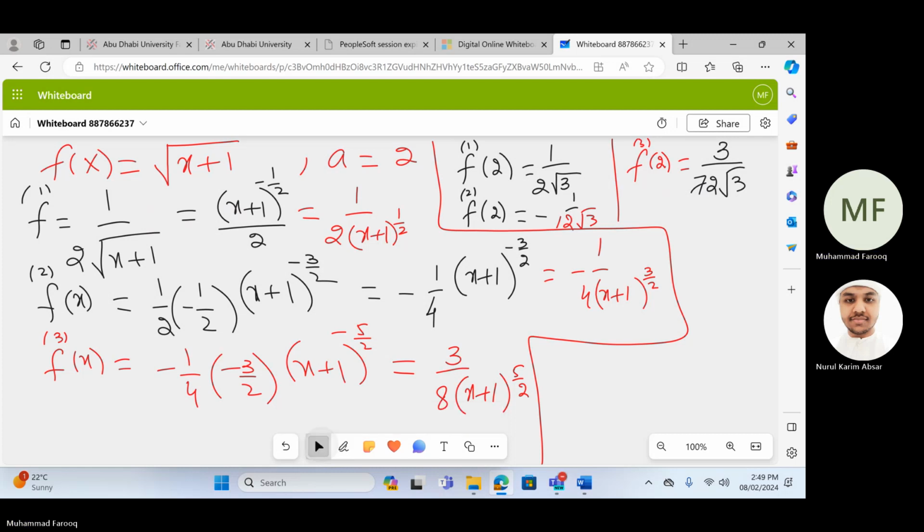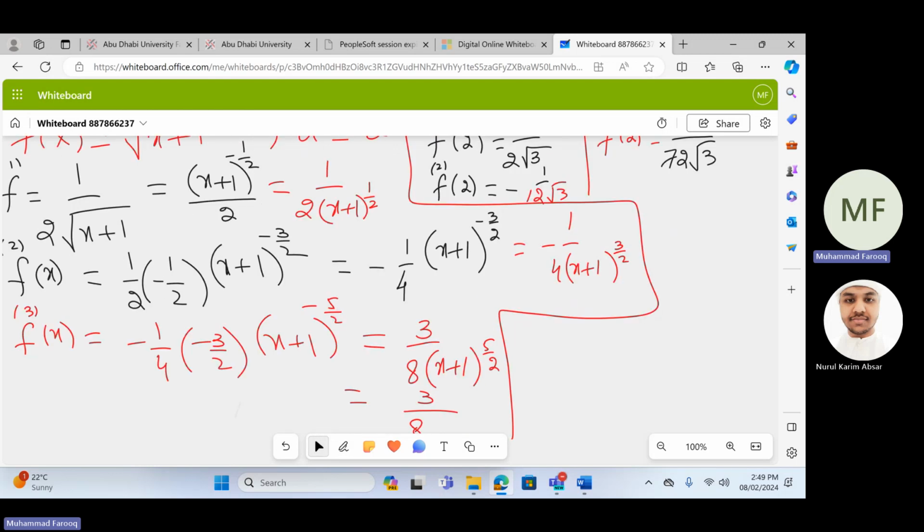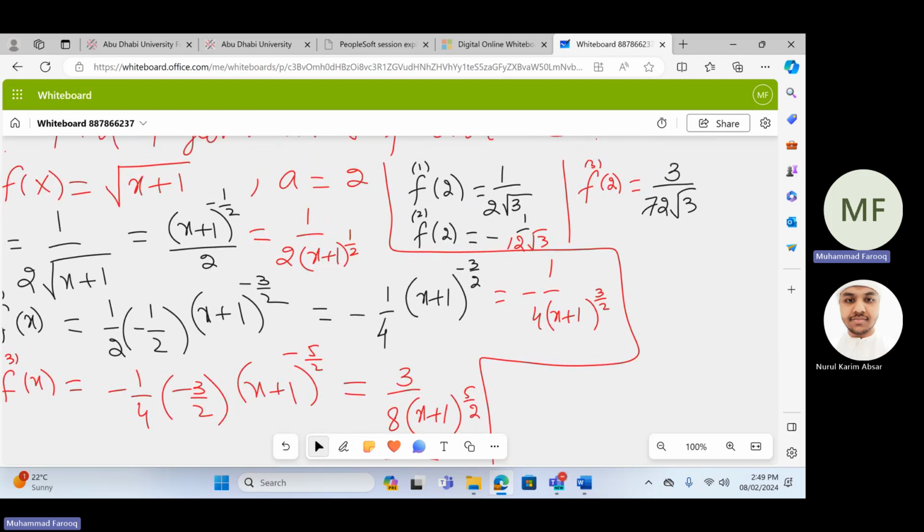Don't worry. Look here, 3 divided by 8. Now 2 plus 1 is 3. 3 times 5 and take its square root. And then times 8. So you told me it is right. It is giving 72. Okay, good.